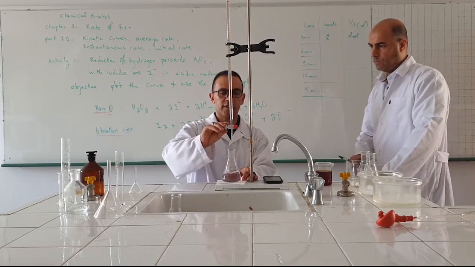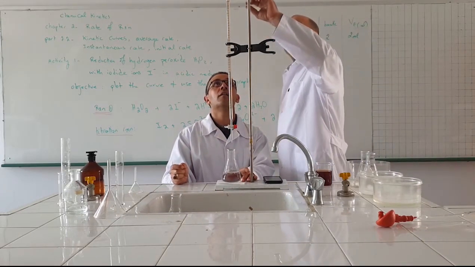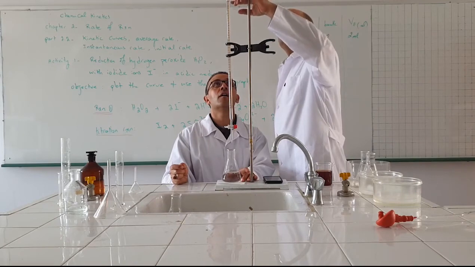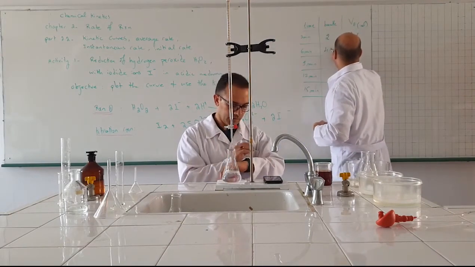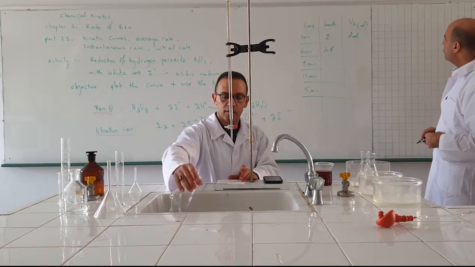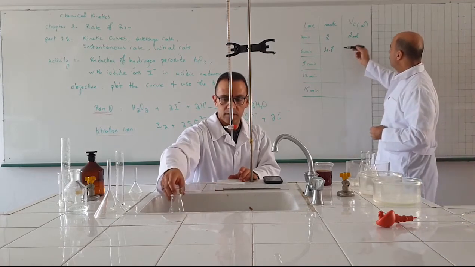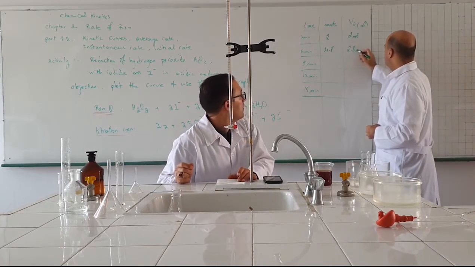Also, equivalence is reached. The reading of the burette is 4.8. So the volume at equivalence point is 4.8 minus 2, 2.8 milliliters.